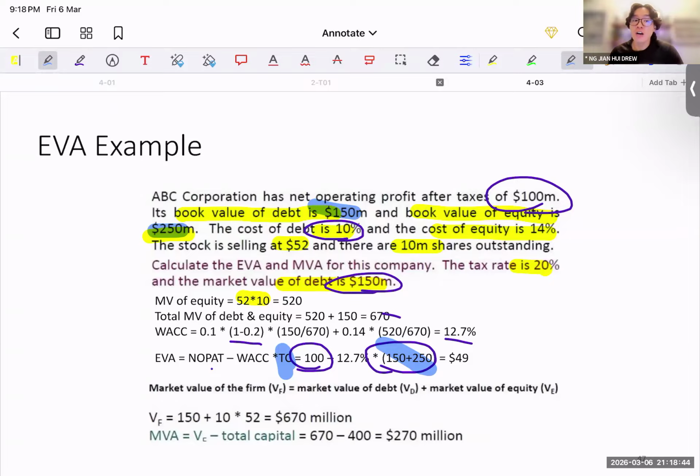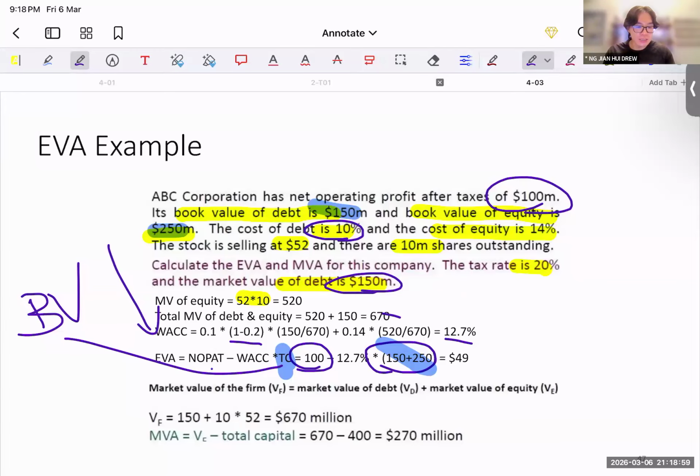Okay, I repeat again, for your EVA, your capital employed is based on your book value, while your WACC, as we discussed in lecture 2, is based on market value, right?